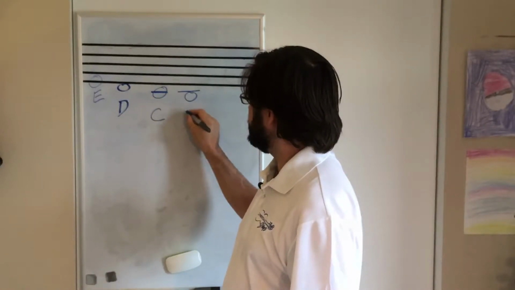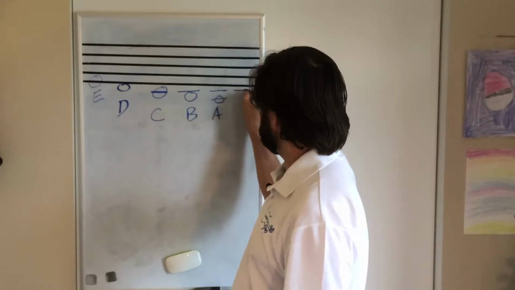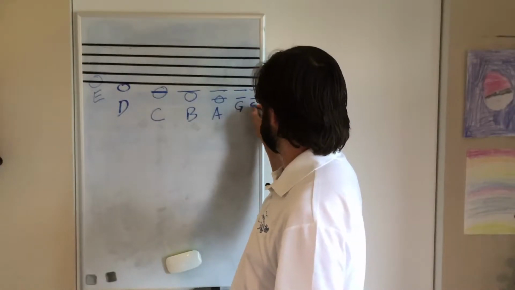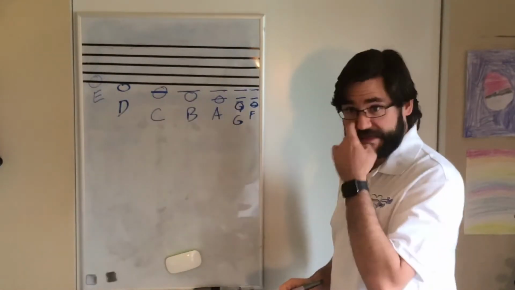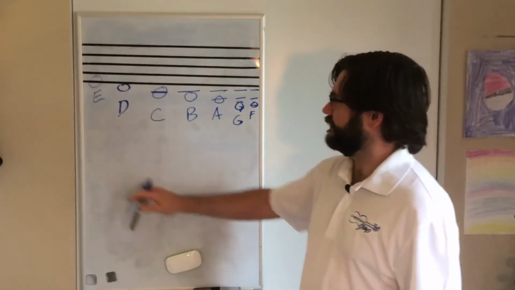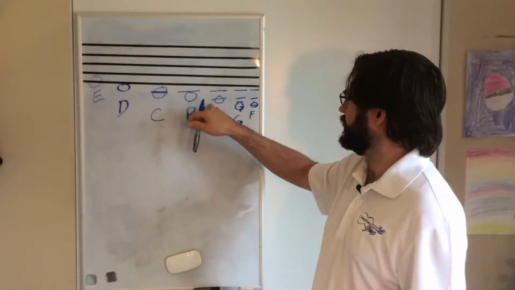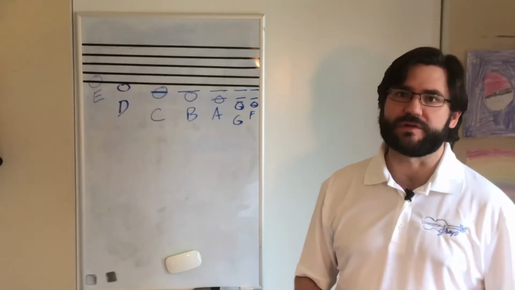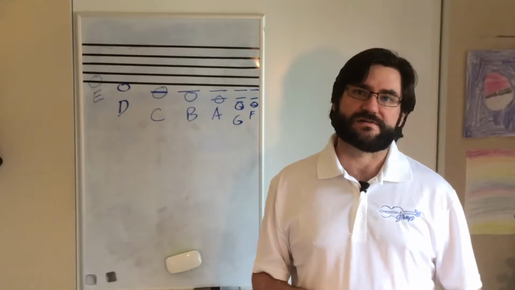Underneath the ledger line would be B, A, G. Three lines would be F. And then underneath three lines would be E. So E, D, one line is C, below the line is B, two lines is A, below the line is G, three lines is F, and then below the third line would be E, which is the lowest note on your standard six-string guitar.